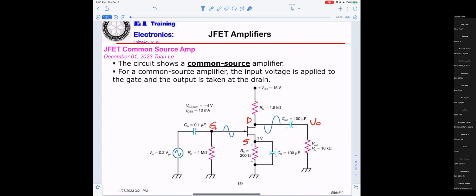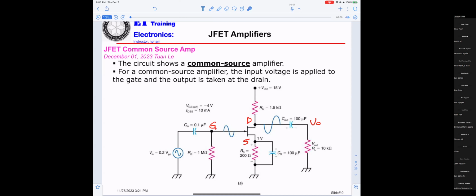If you're looking into the circuitry, what type of DC bias? What type of DC bias for this circuit?